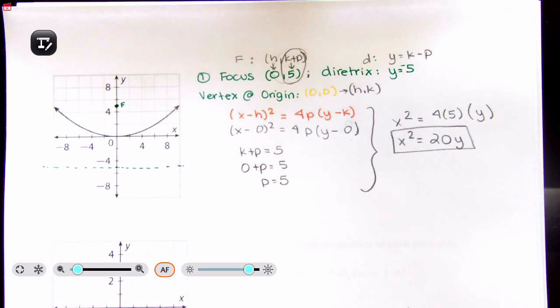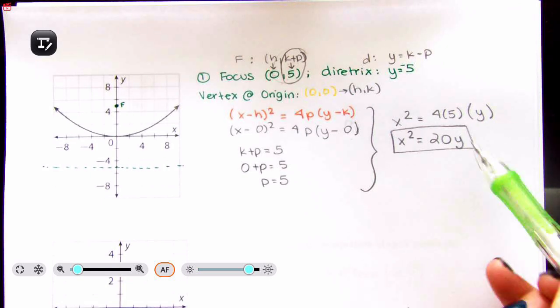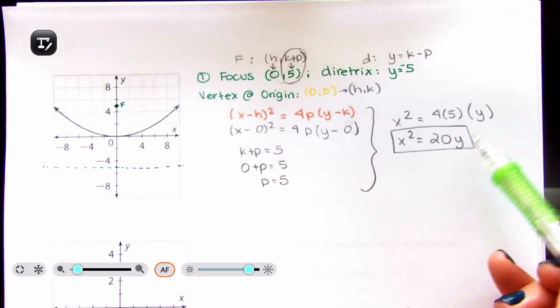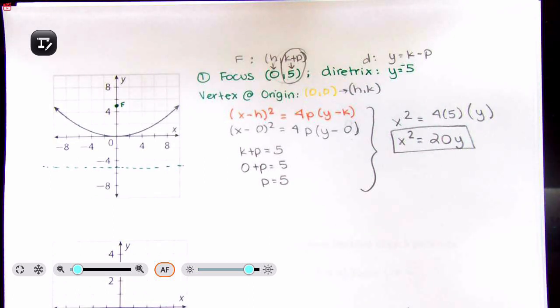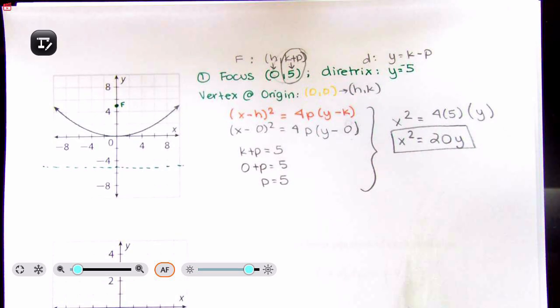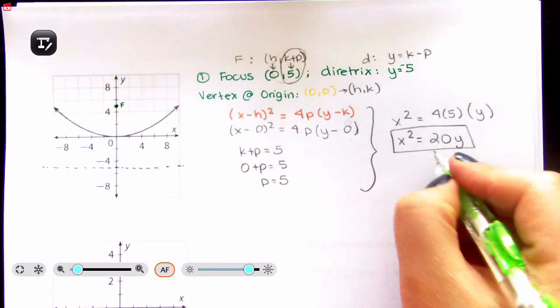So sometimes, depending on your teacher, depending on the class, they will say this is not the standard form of the equation. We want it to be y equals. In my class, I am okay if you leave it here. We are calling that standard. But I want to show you how other teachers might expect you to write it.